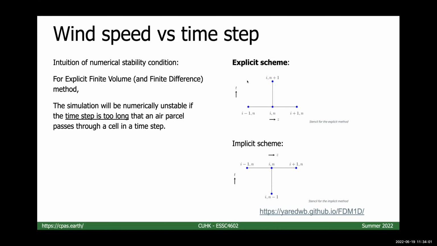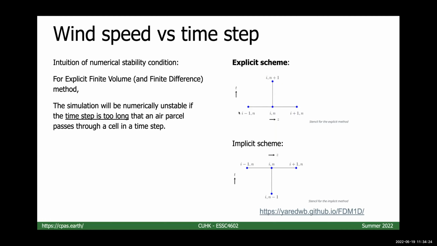But you also suffer from the drawback of explicit scheme because it needs a numerical stability condition to be satisfied for you to go on the calculation, or otherwise, we will say that the simulation will numerically blow up.